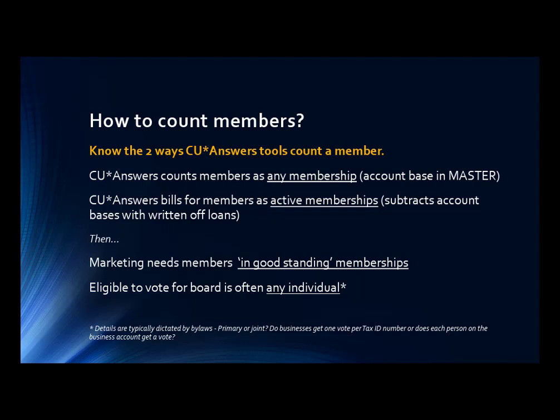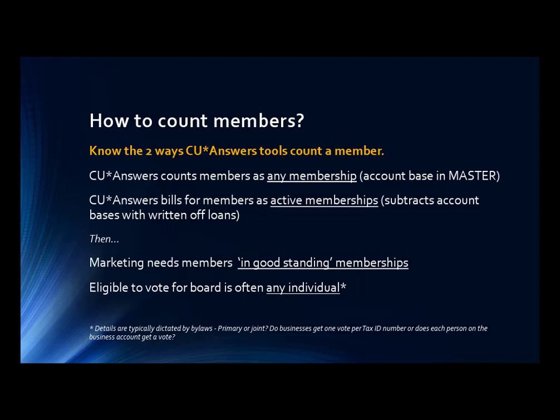Okay, so the second way that CU Answers counts a member is the way that we bill you for members. And that is by what we call the active memberships, meaning it's the same logic of we're going to count up every account base or every membership relationship that you have. Again, regardless of how many individuals, how many different social security numbers might be on those memberships.